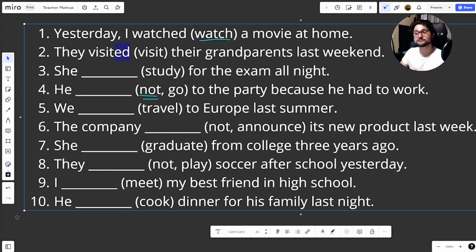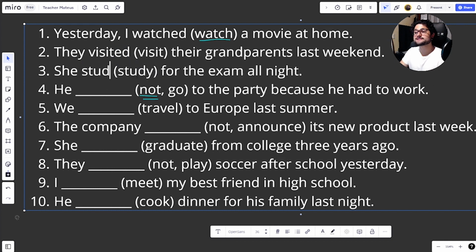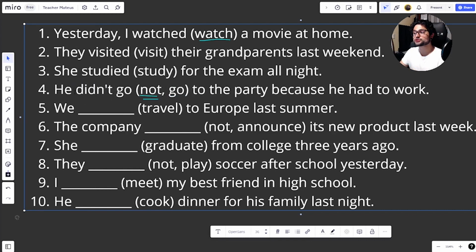Another regular verb. He studied for the exam all night. Regular verb as well. Here we have, guys, a negative. So then what we can do is he didn't go to the party because he had to work.